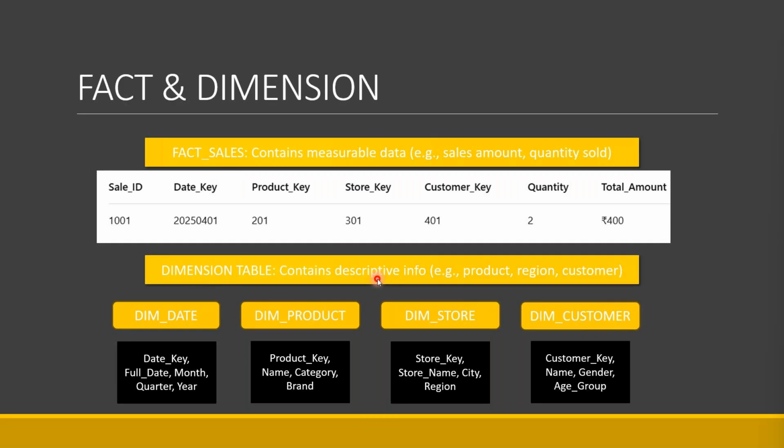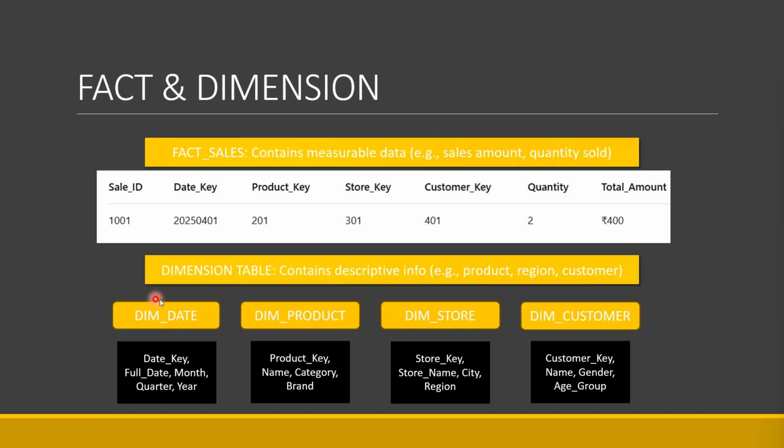So if we consider our retail sales scenario that we were explaining from the start of the session, we have the sales details, the quantity, and the total amount. So the dimension table will have only the product, region-wise, or customer-specific descriptive information. So we have 1, 2, 3, 4 different dimension tables.